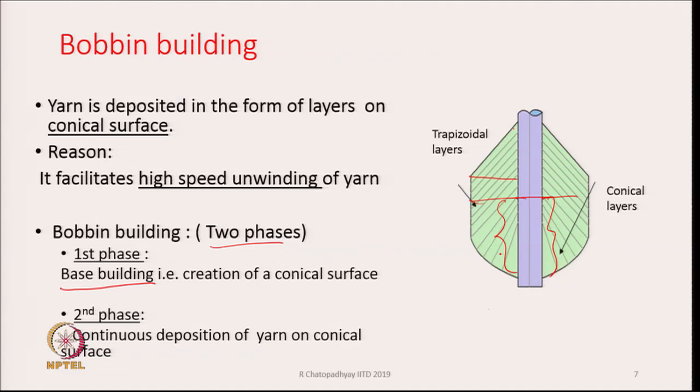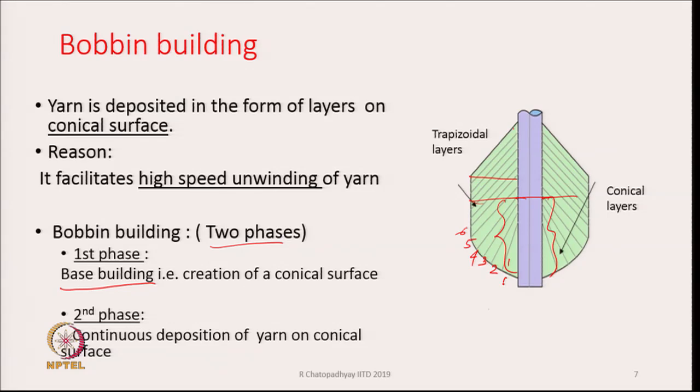The diagram clearly shows how the successive layers are built: this is the first layer, then the second layer, the third layer, the fourth layer, then the fifth layer, and from the sixth layer onwards, a conical surface has been built, as shown in this diagram.